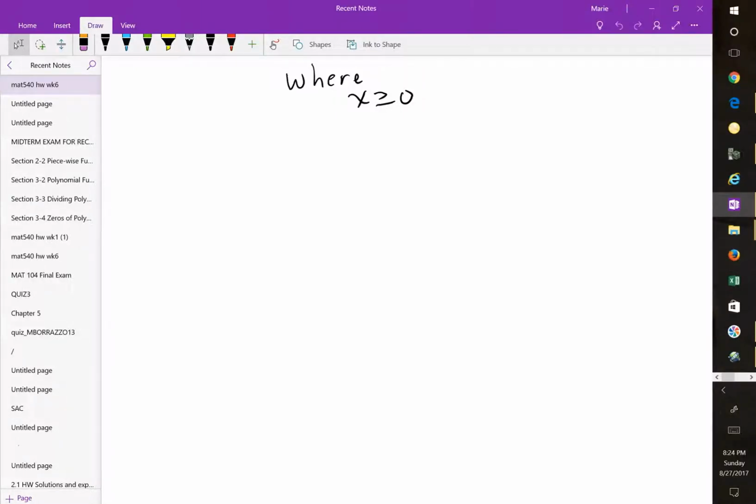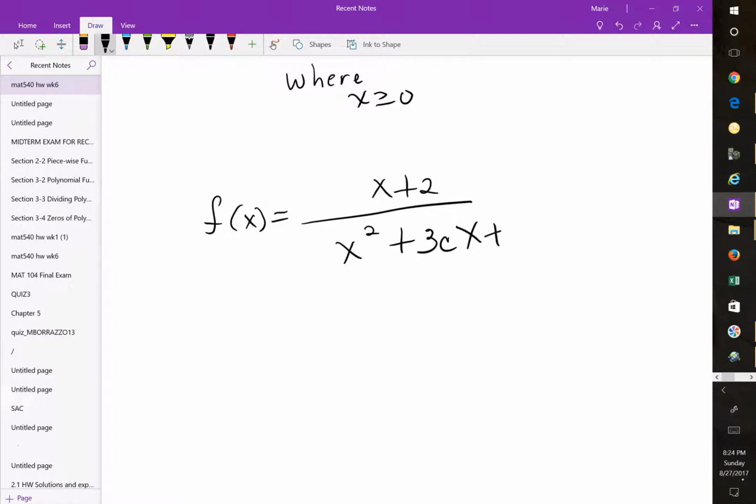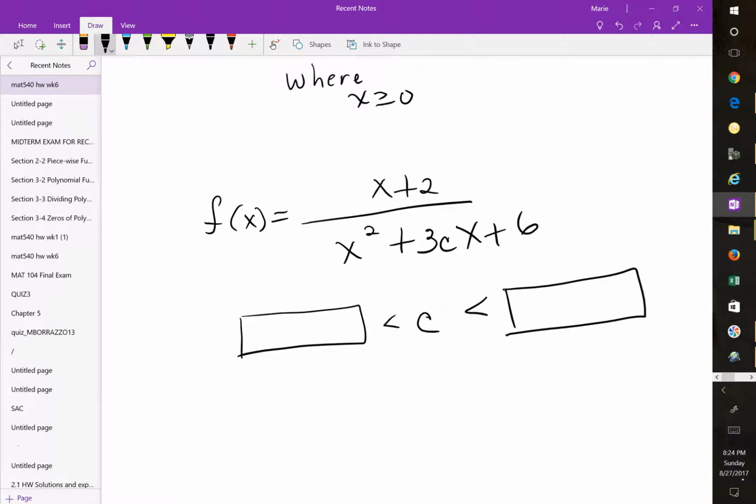Okay, so I received another question, and this is from section 1.3, where I'm given the function f of x is equal to x plus 2 divided by x squared plus 3cx plus 6. They're asking me to answer in a box, basically the interval where c falls between these two values.